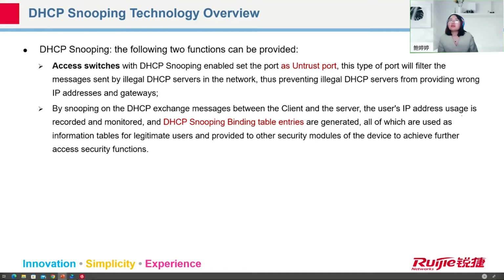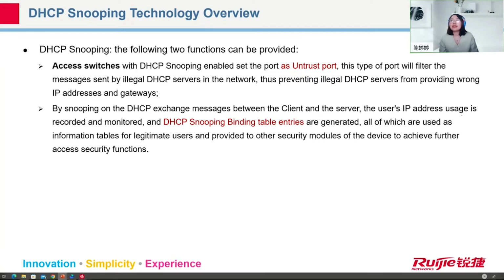If we enable the DHCP snooping function on the switch, all the interfaces will become untrust ports, and we can make one interface become trust. This interface should be connected with the correct DHCP server, and the rest of the interfaces will remain untrust ports.